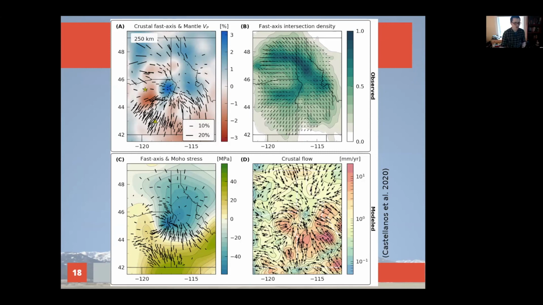Off the top of my head, I don't remember what the maximum velocities of flow were. I can tell you that the maximum uplift rates that I got were on the order of 0.05 millimeters per year or something like that. Okay. But the flow rates, I'm trying to see if I have a figure that shows them.